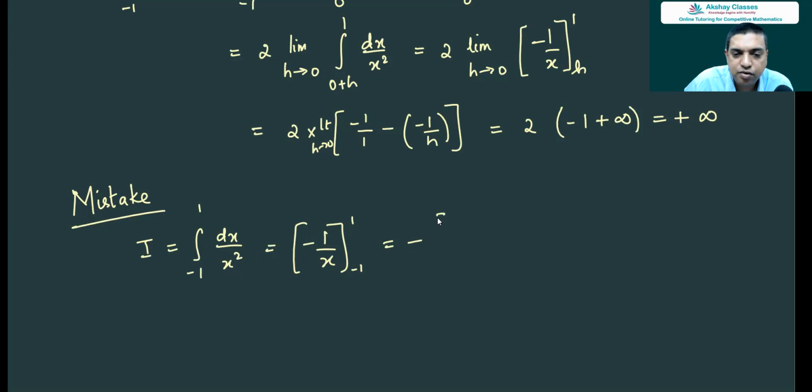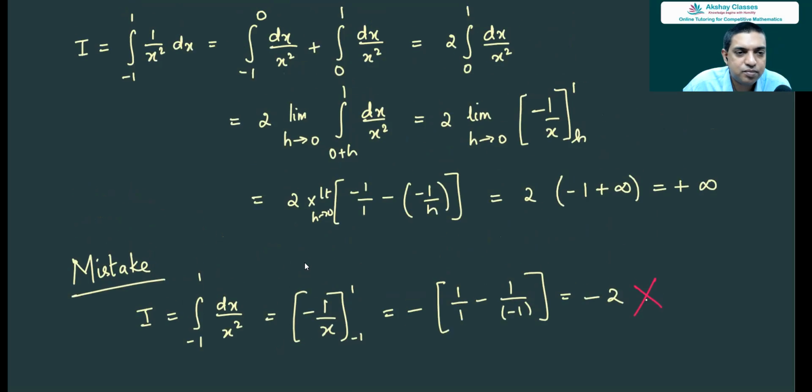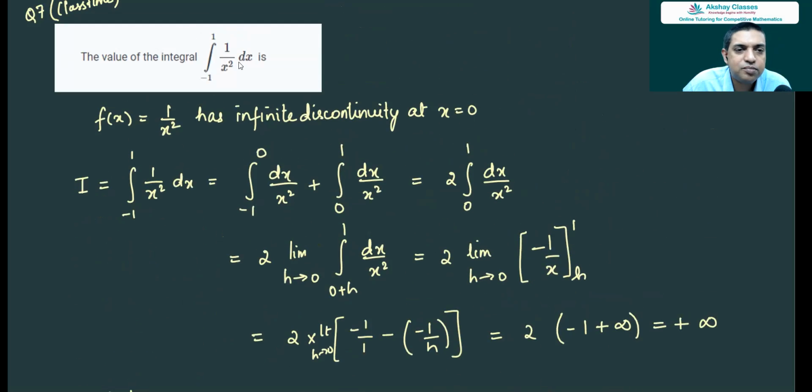So take the minus sign out. So 1 by 1 minus of 1 by -1. So we will get the value as -2. This is a mistake. Why? Because there is a discontinuity at x equal to 0. So very simple problem, but this concept is involved.